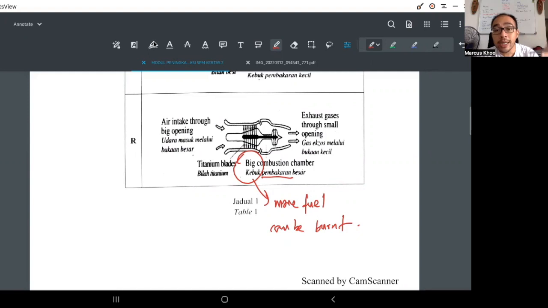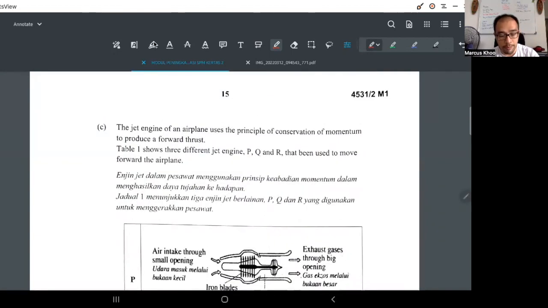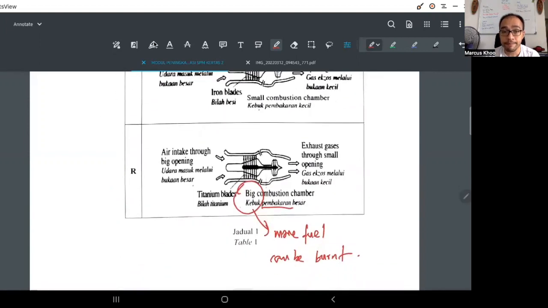So the bigger your combustion chamber, you can put in more fuel. Kamu boleh letak lebih banyak bahan api untuk dibakar. Sebab kita mau, why do we want more fuel to be burnt? Because we want to produce a big forward thrust. Yang kita sedang tolak ke depan, it's not a paper airplane, no, it's an airplane, so you need a very big momentum in order to do this.